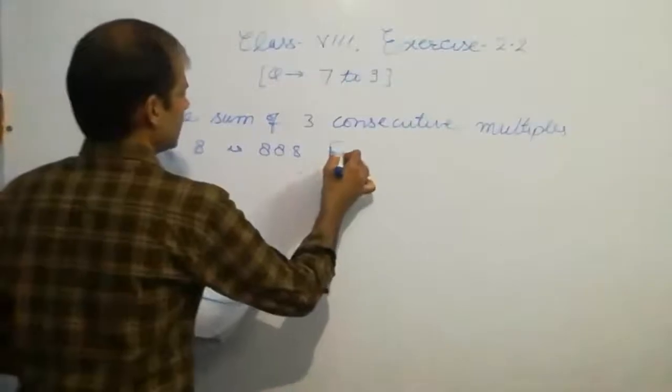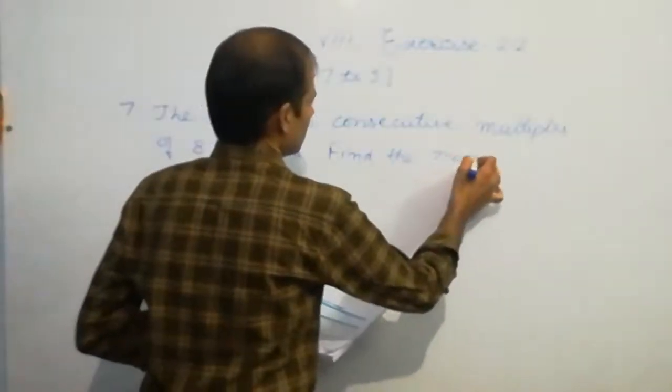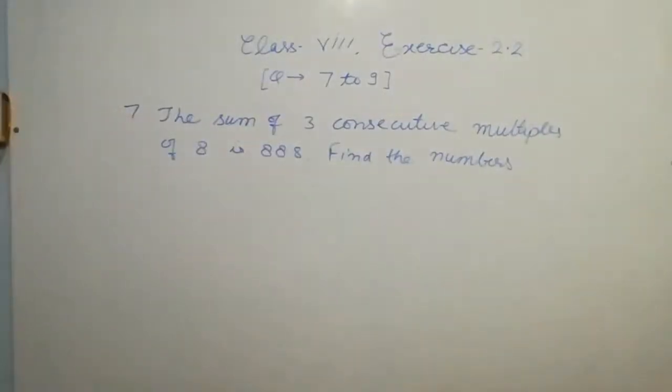Find the numbers. Okay. So the question is about consecutive multiples. The sum of 3 consecutive multiples of 8 is 888. Find the multiples.